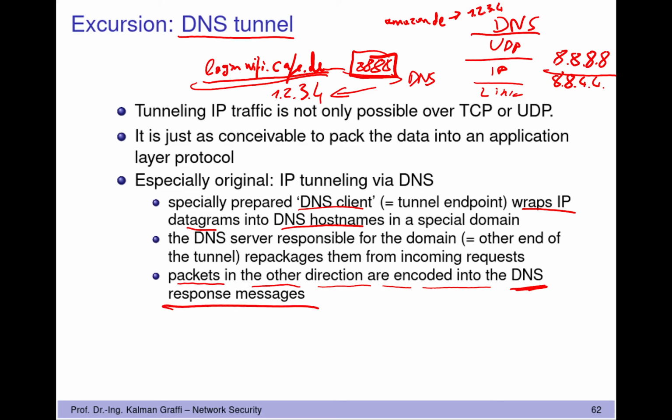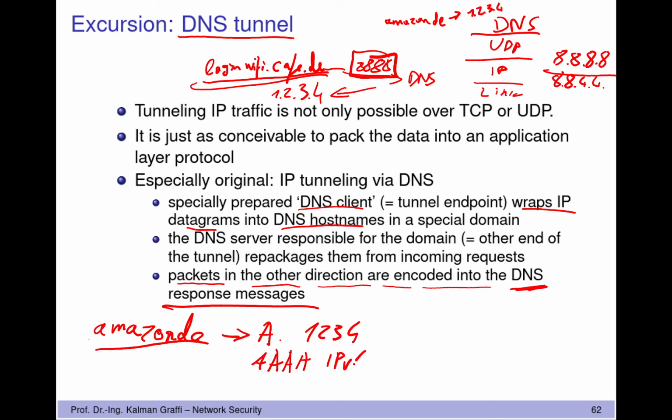So DNS has typically quite a lot of resource records. For example, the resource record A: if we ask for Amazon.de, this is your query, and A tells us the IP address. AAAA tells you the IPv6 address.